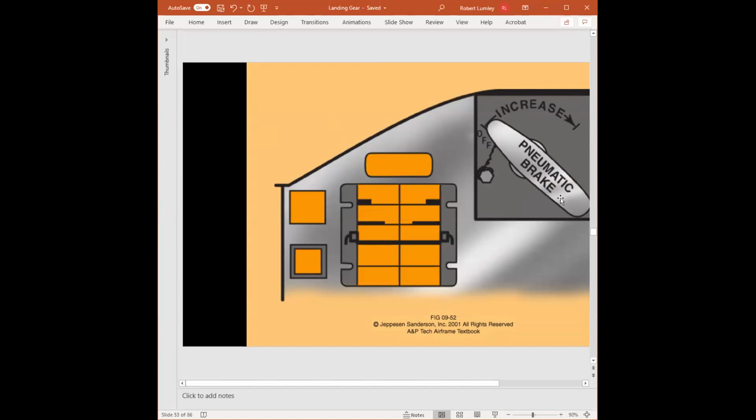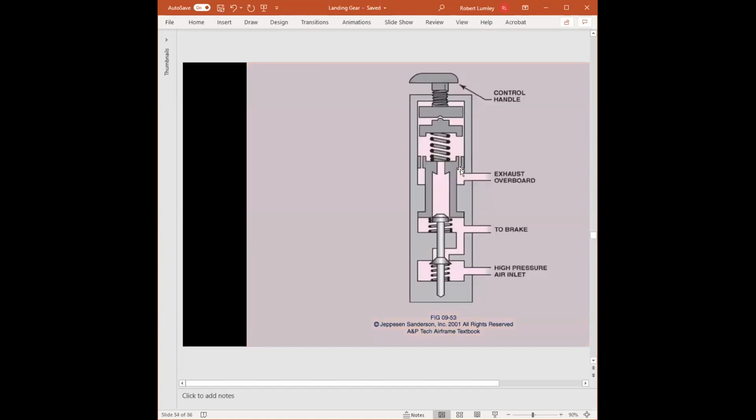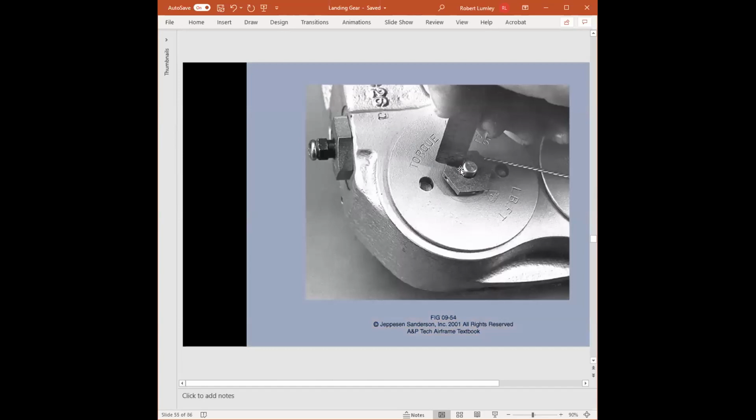We have a pneumatic brake system. There is a breakaway wire here to prevent inadvertent actuation of the brake system. But then we just turn the handle that increases the brake pressure through the nitrogen going through the air oil transfer tube and stuff like that. All right, nothing special here.